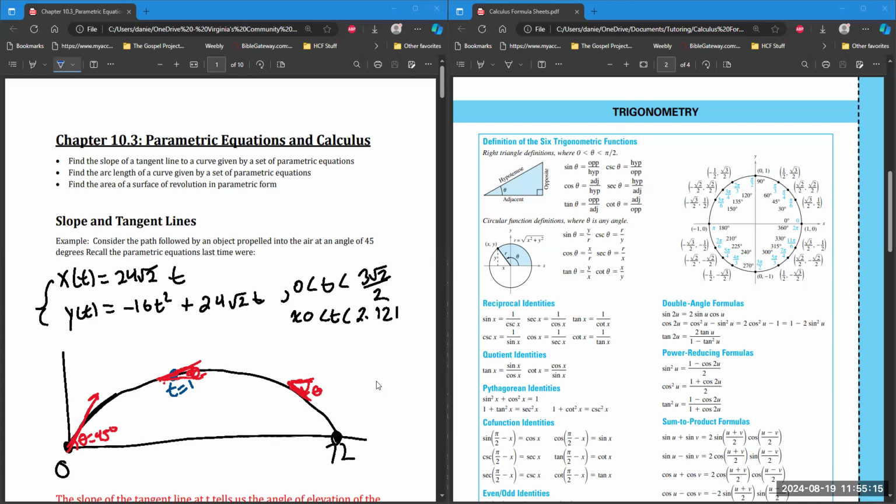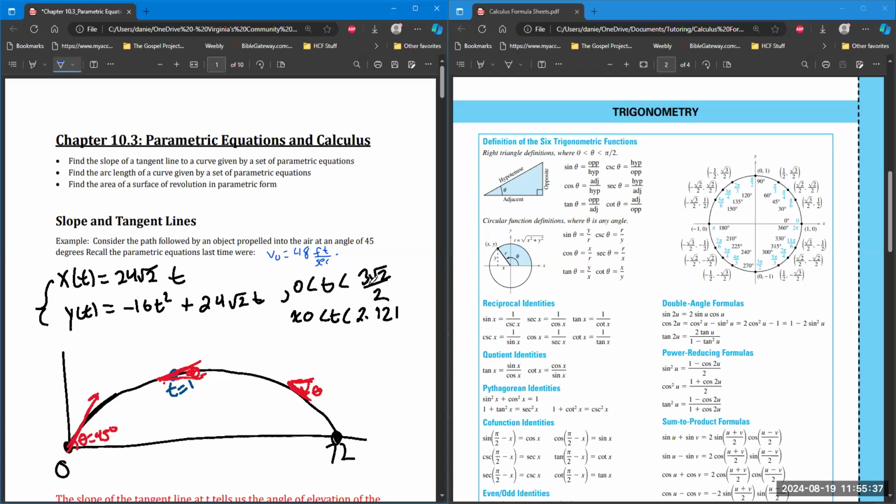This was our v naught equal to 48 feet per second as part of the problem. I forgot to write that down. And y of t is equal to negative 16t squared plus 24 root 2 t.